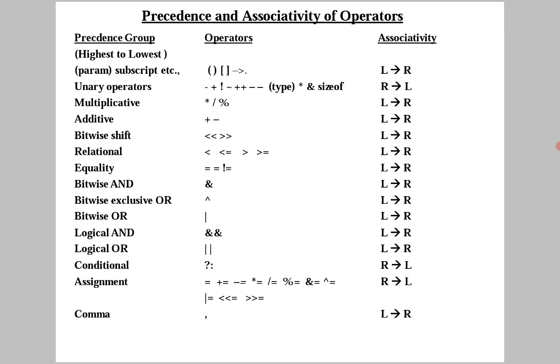First one is arithmetic operators, second is relational operators, third is logical operators, fourth is special operators, fifth is binary operators, like that. We will discuss all these one by one here.